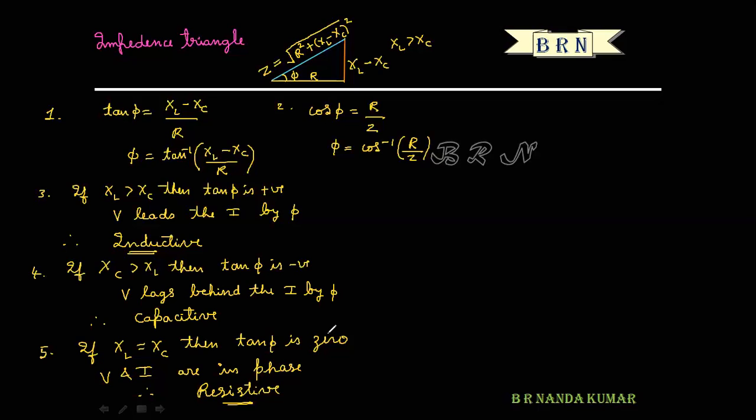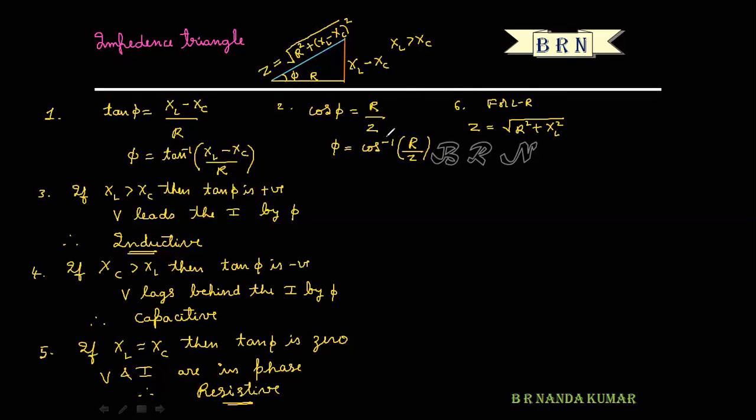Okay, so for an LR circuit, that means only an inductor and resistor are connected in series, what is the value of impedance? Impedance Z is equal to square root of R square plus XL square.